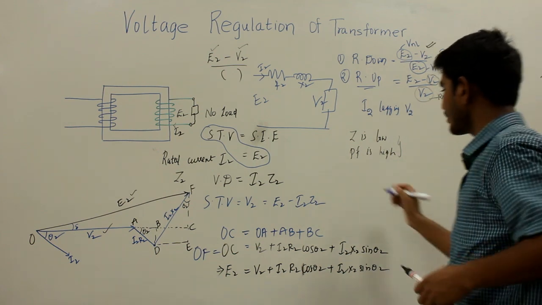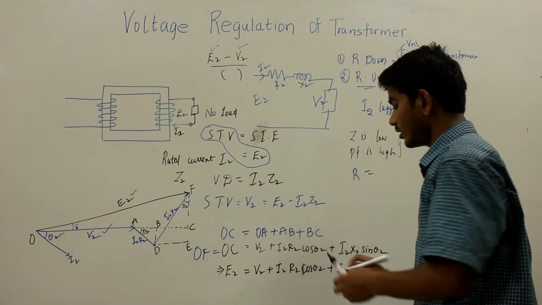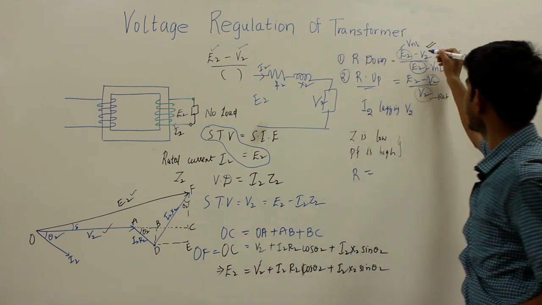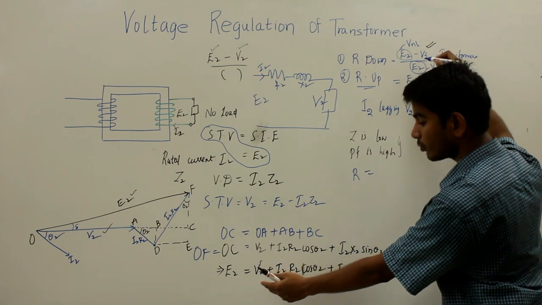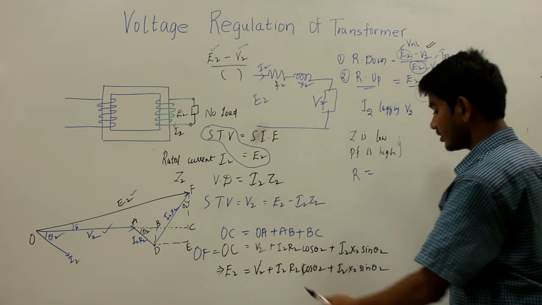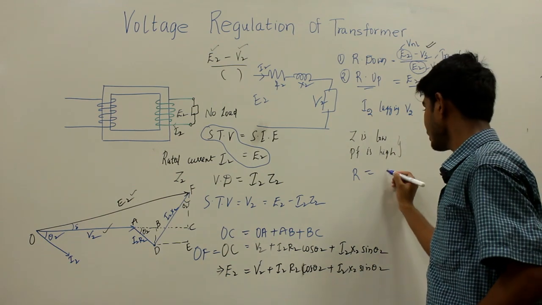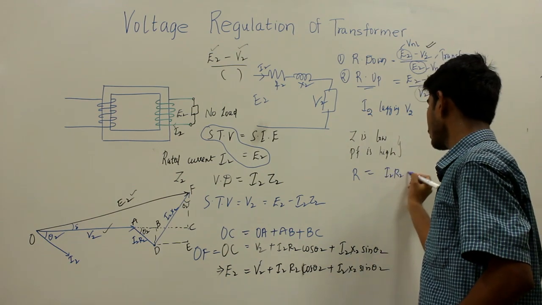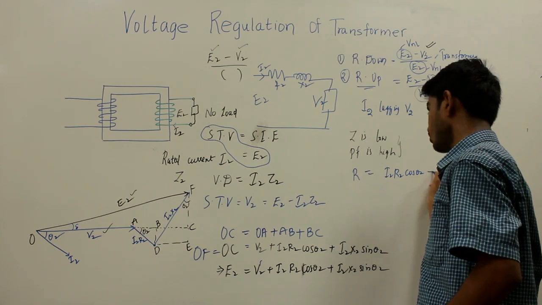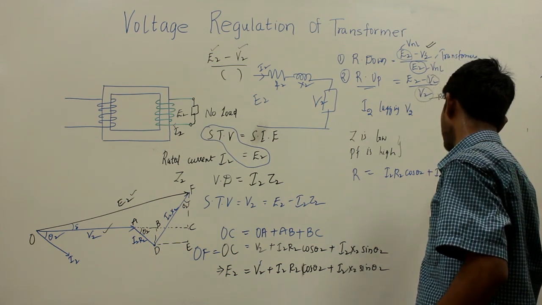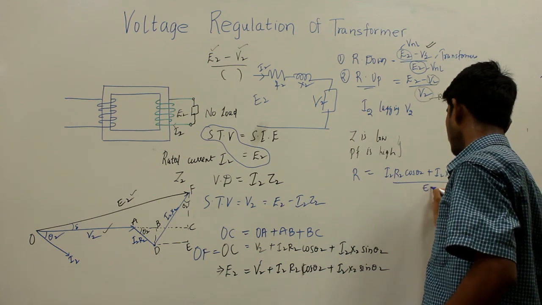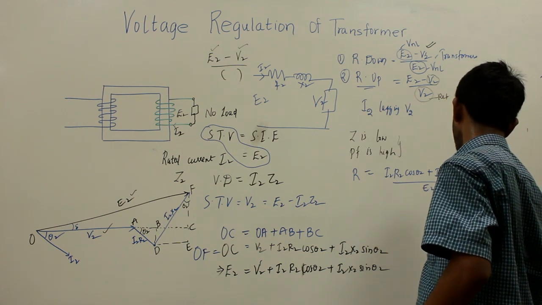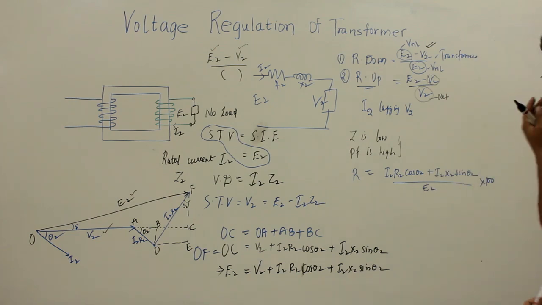From there, V2 will get cancelled, because we have E2 minus V2, and I am left with the regulation equal to I2 R2 cos theta 2 plus I2 X2 sin theta 2 upon E2, into 100, and I get the percentage regulation term.